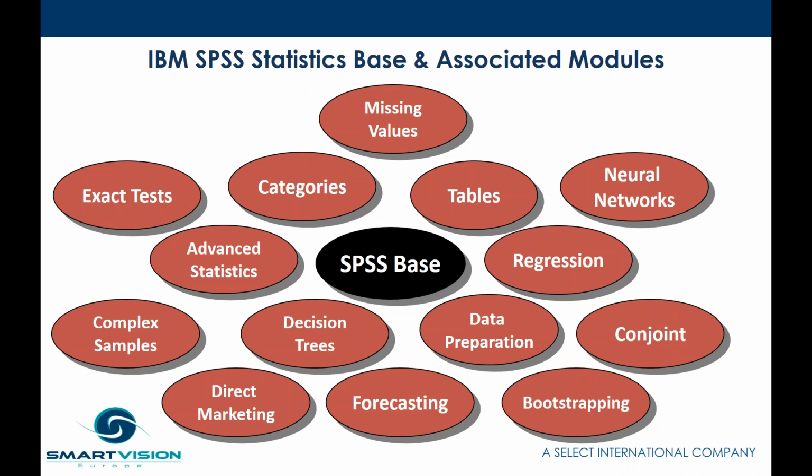It's used a lot within insurance and within experimental research. Or you have things like forecasting for people who want to do time series analysis, or complex samples, for people who wish to analyze data that takes into consideration the fact that the data wasn't drawn from a random sample, but was in fact drawn from a very complicated sample, and so on and so on.